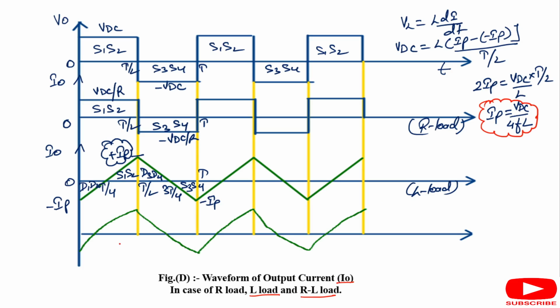In similar manner, in case of RL load, the current exponentially rises from minus IP to plus IP. Here again D1 D2 is conducting for 0 to T by 4, and for T by 4 to T by 2, here S1 S2 is conducting like this.